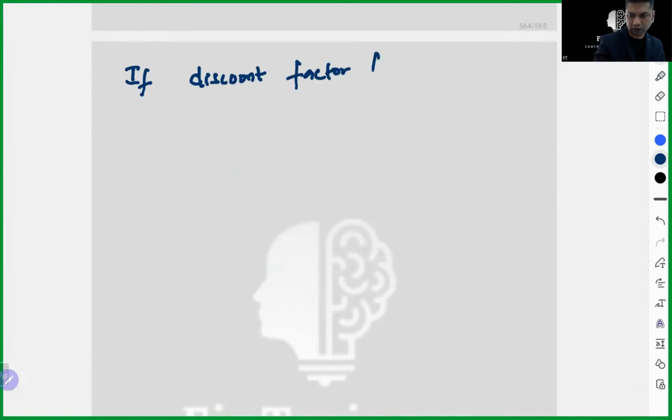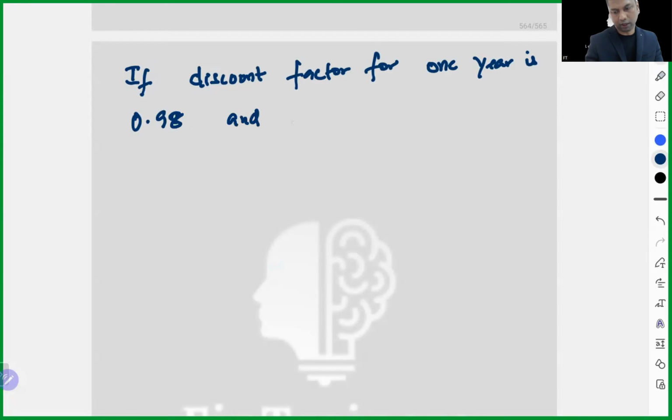I will just ask you to calculate the probability of the up move alone. Okay. If discount factor for 1 year is 0.98 and down move size is 0.75.